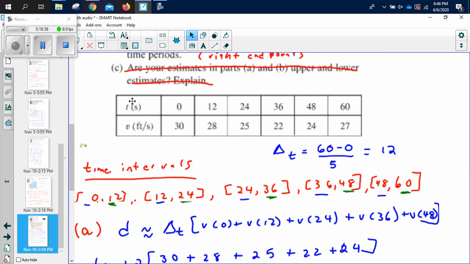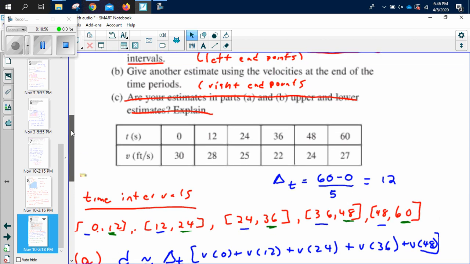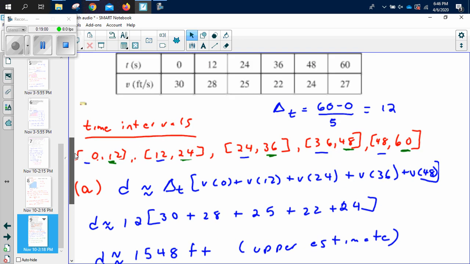So here's my table. Here's my time in this row, and these are my velocities. Now, delta t is going to be 60 minus 0 divided by 5. Be careful, there are 6 readings here, but if you think about the subintervals or the number of rectangles, it would be 5. So 60 minus 0 divided by 5 is 12.